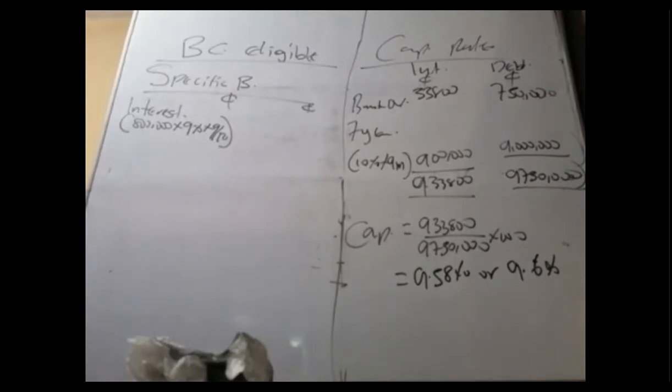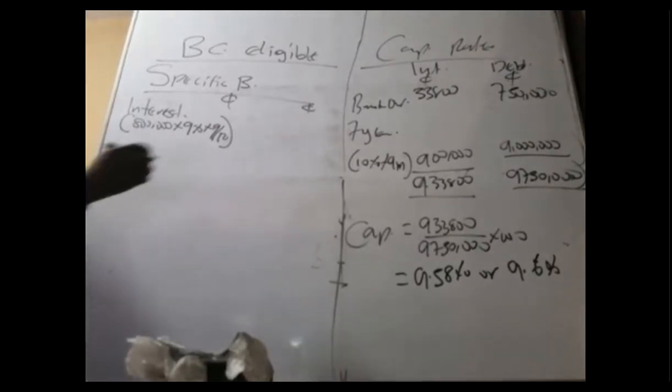So 800 times 0.09, divided by 4, times 3. So that's 54,000.